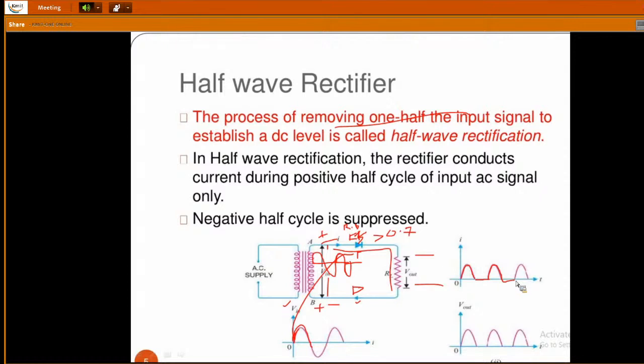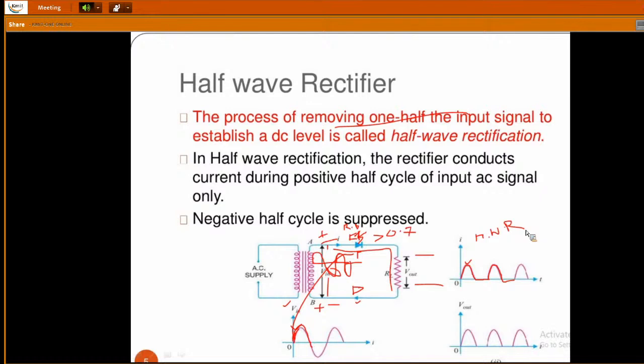That's why the half-wave rectifier passes only half of the signal, and the remaining half is blocked. It is rectifying only half of the input signal, that's why it is called a half-wave rectifier, HWR.